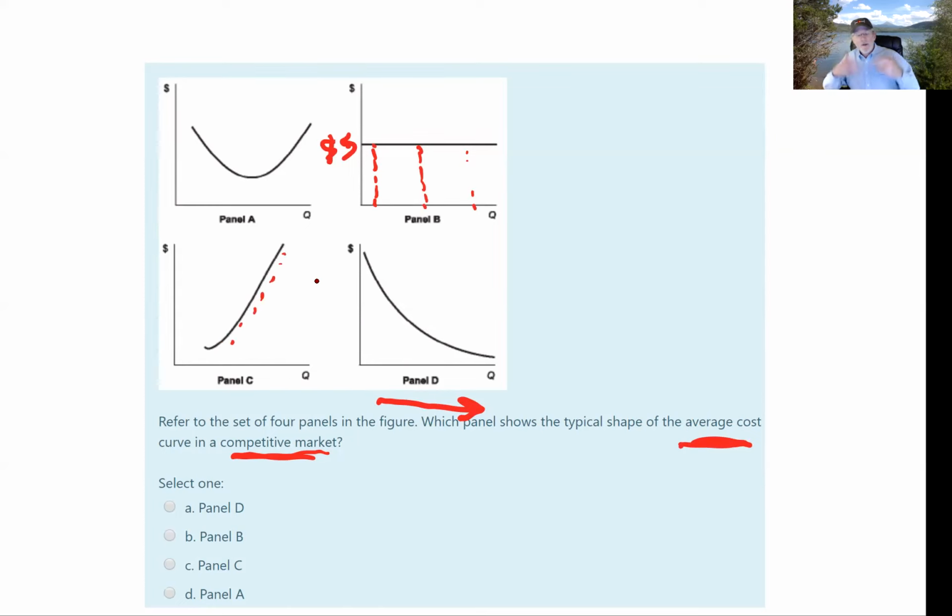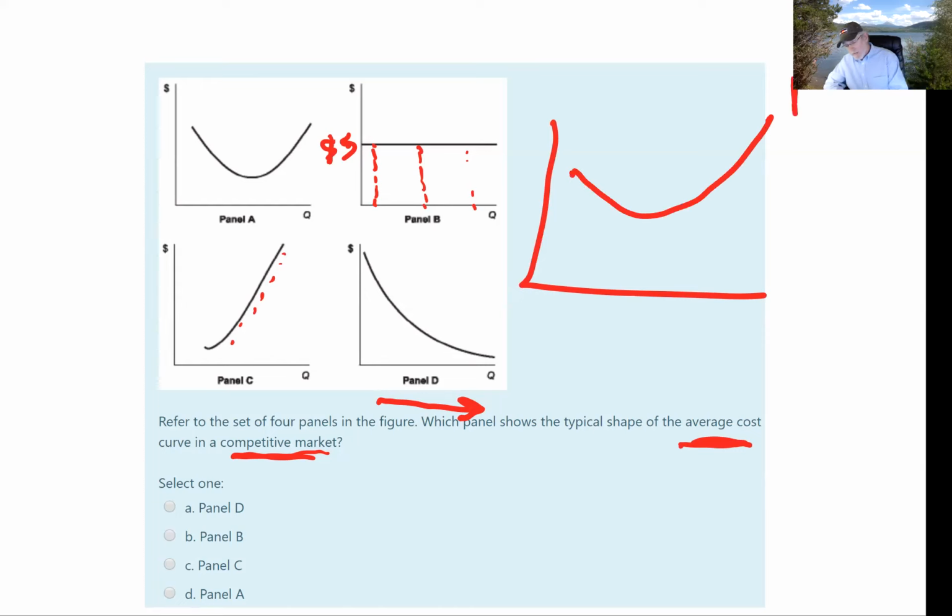Well, think about what we said when we talked about average cost. We said that it will tend to look like that. And remember what that means. It means when the firm is small, producing only a low output, its average cost will tend to be relatively high.